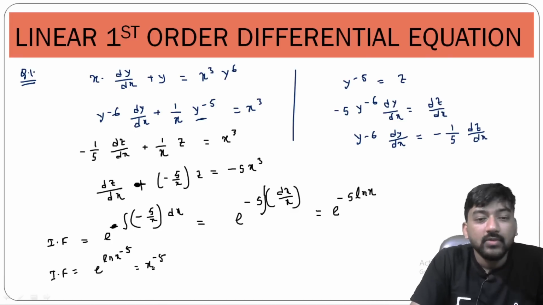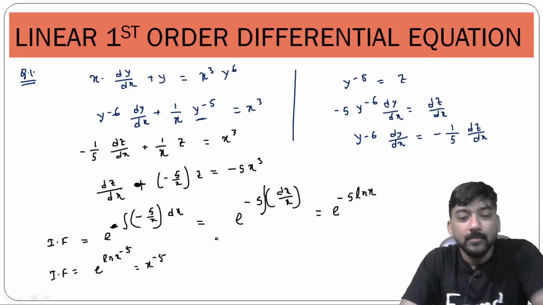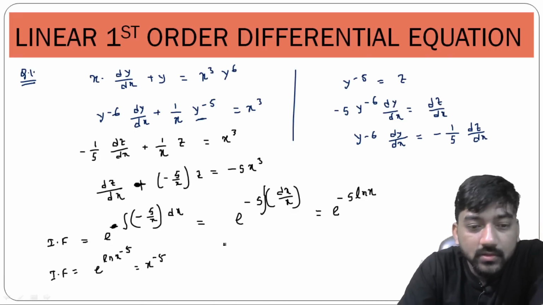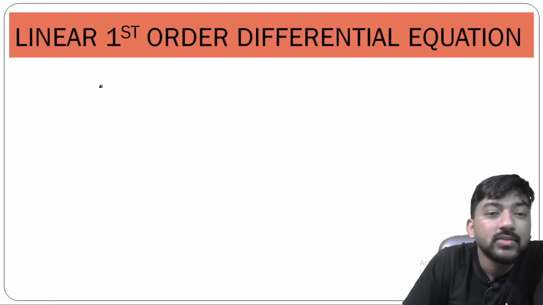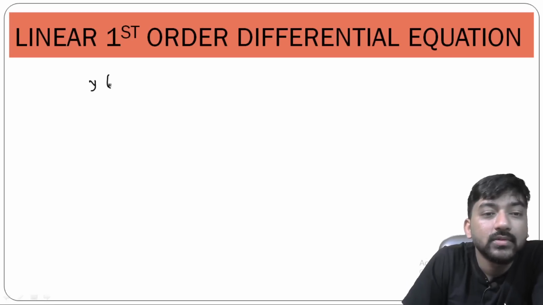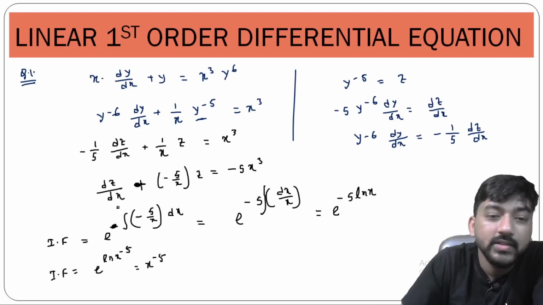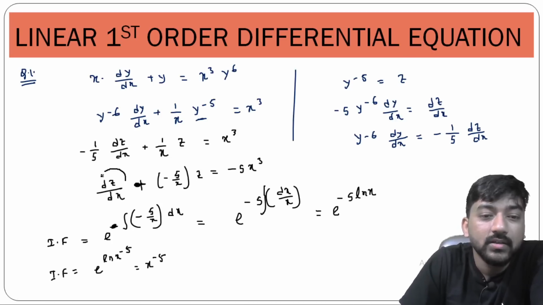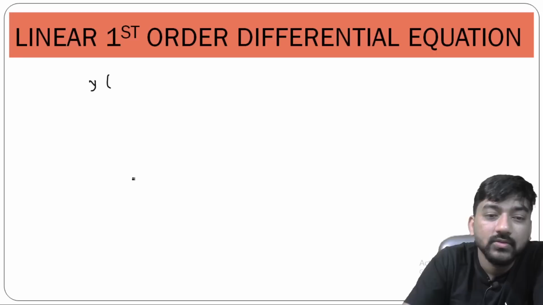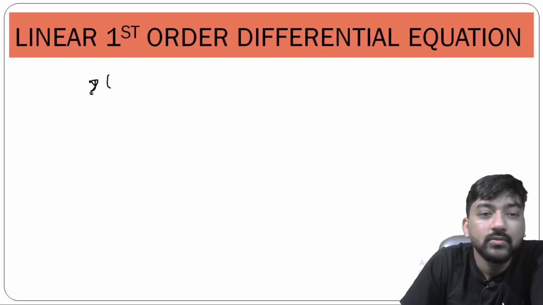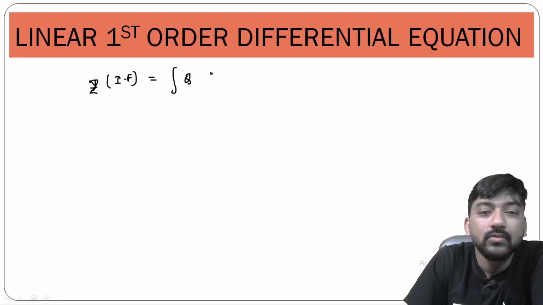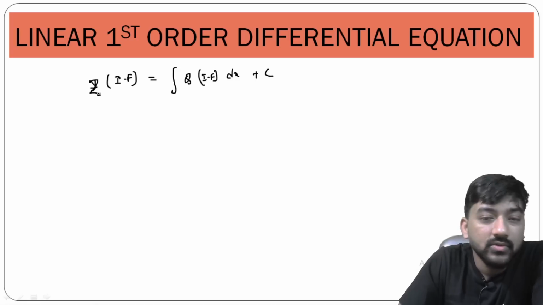Now you have to put it in the general solution that we have. The general solution is y into IF. Here instead of y we should write z, because this is the solution for z, that is dz upon dx. So it will be z into IF equal to integration q into IF dx plus c. This is the general solution, but here the solution is for z.